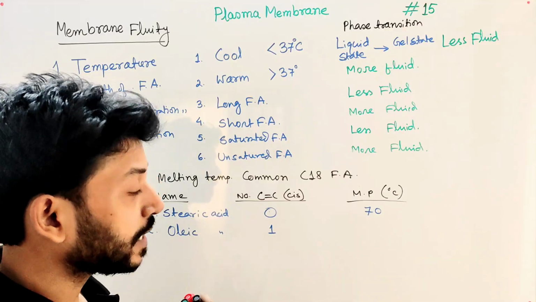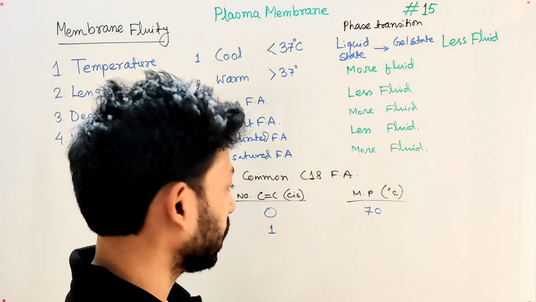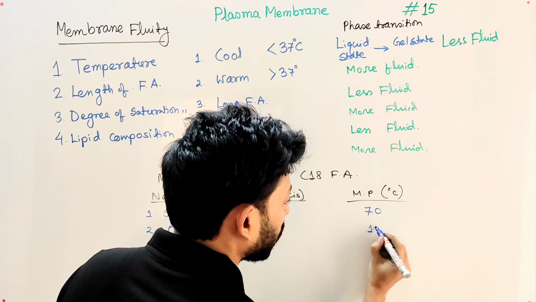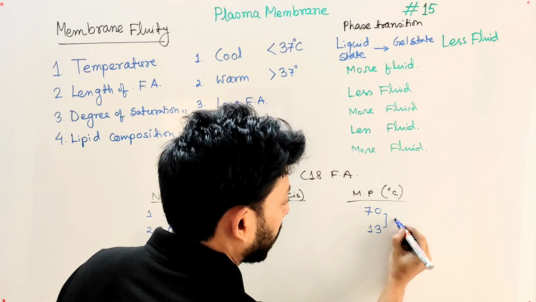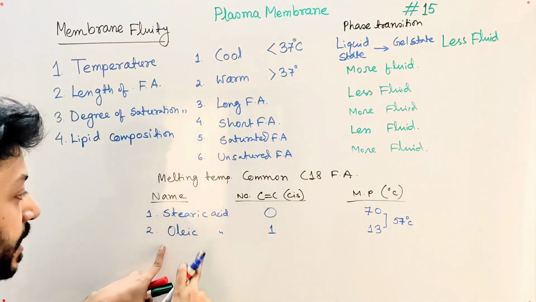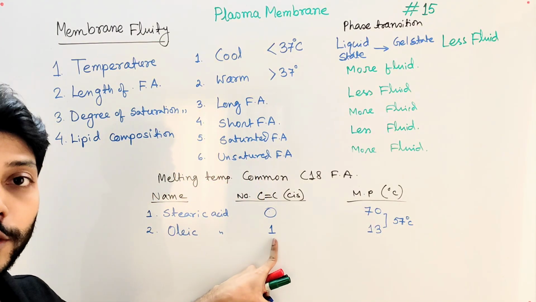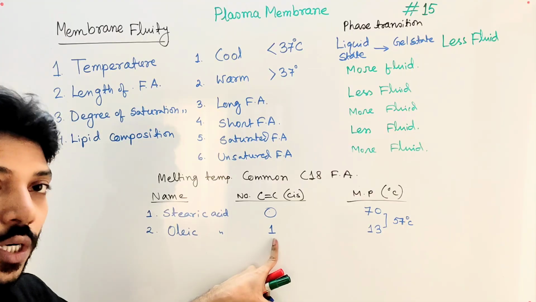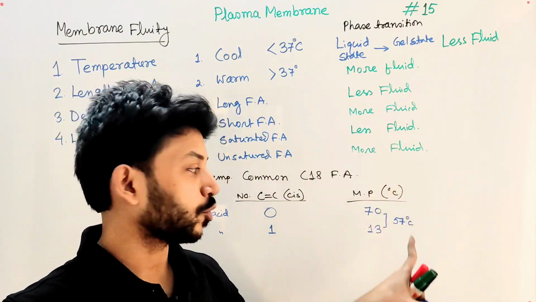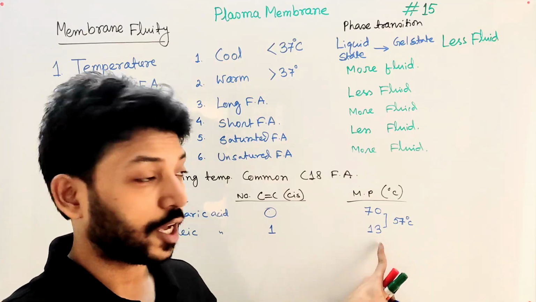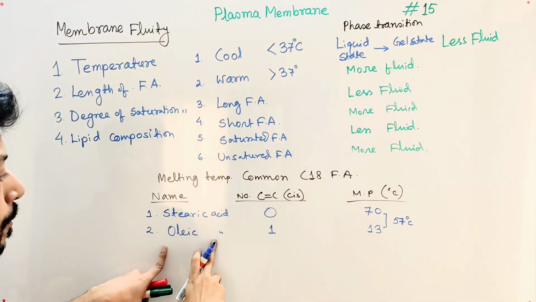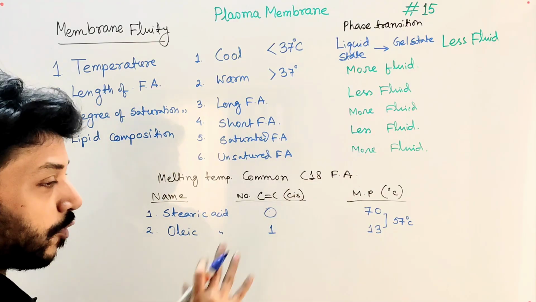Now let's see what the melting temperature is for this oleic acid. It drops from 70 degrees to 13 degrees, so that means at least 57 degrees centigrade lower in this oleic acid. That means just by introduction of one single carbon-carbon cis double bond, it becomes unsaturated, so it becomes more fluid, so it requires less heat. How much? A 57 degree difference.